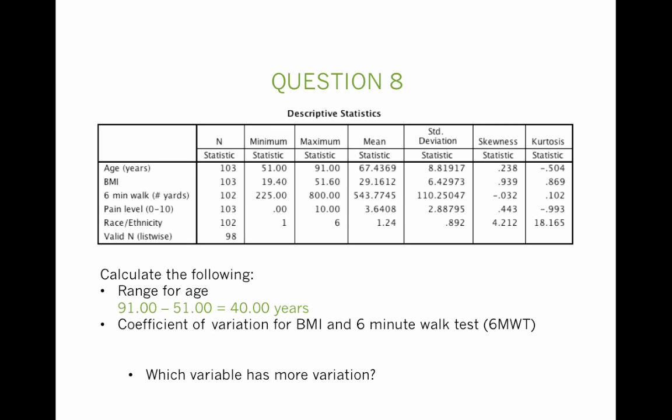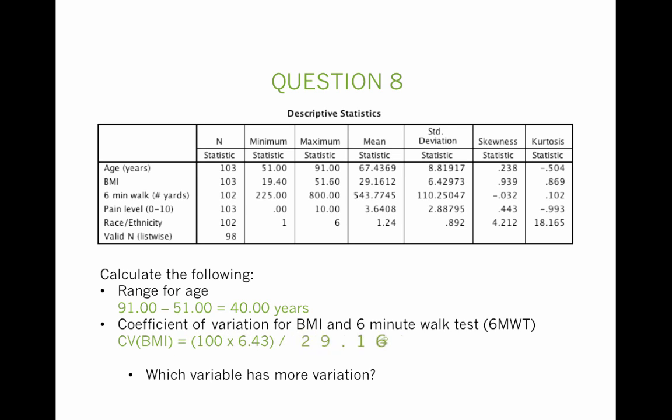What about the coefficient of variation for BMI and 6-minute walk test? So what's the formula for coefficient of variation? Well, that's 100 times standard deviation divided by the mean. So we need to figure out the CV for both.